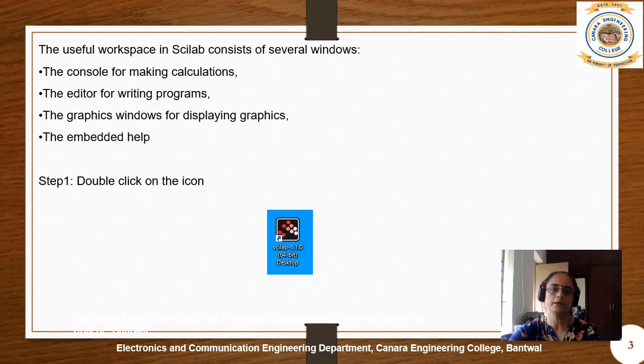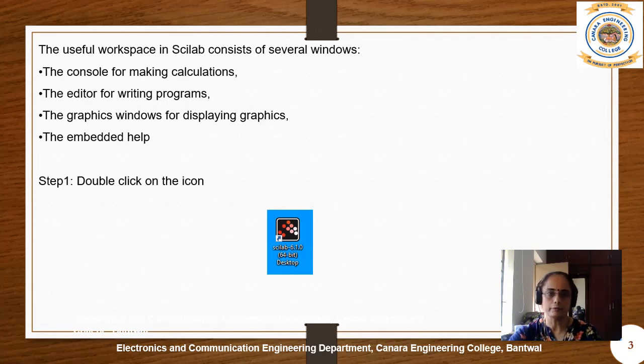In this tutorial class, I'll be dealing mostly with the console, how to make use of the console to write statements and make mathematical computations. A little bit, let us also look into the help we have in Scilab.